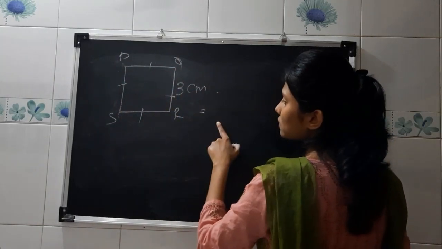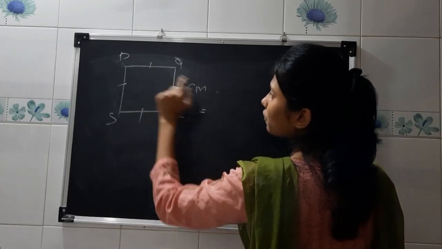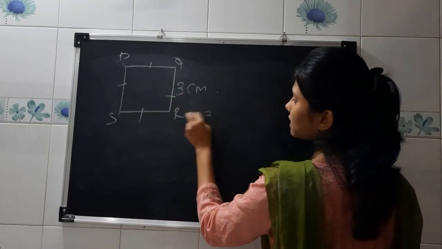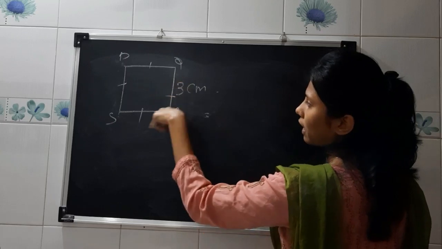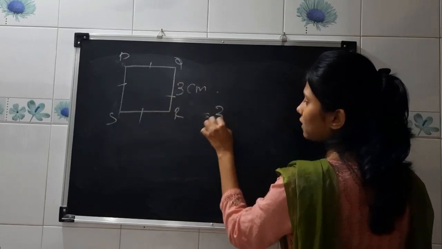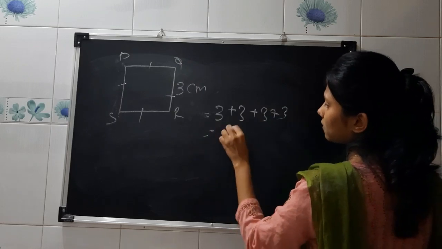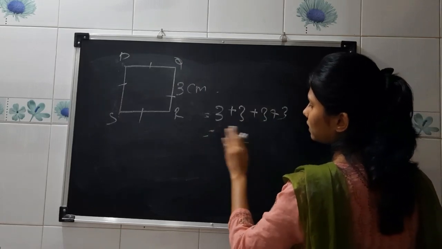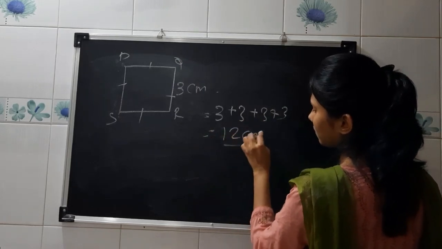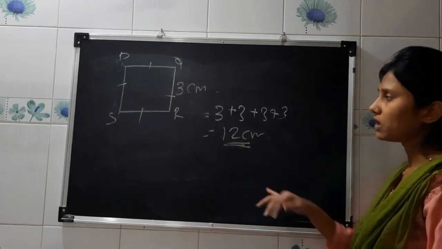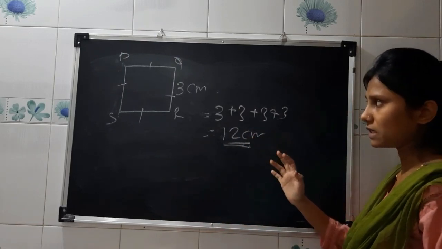If we add all the sides of the square for finding perimeter, like 3 plus 3 plus 3 plus 3, you will get the perimeter as 12 centimeter.